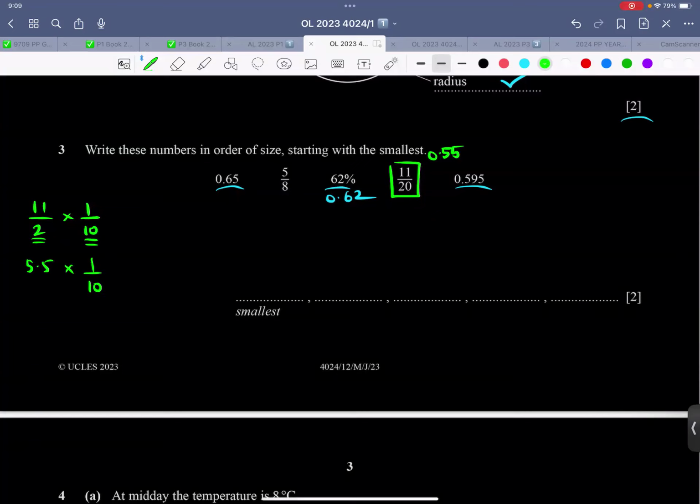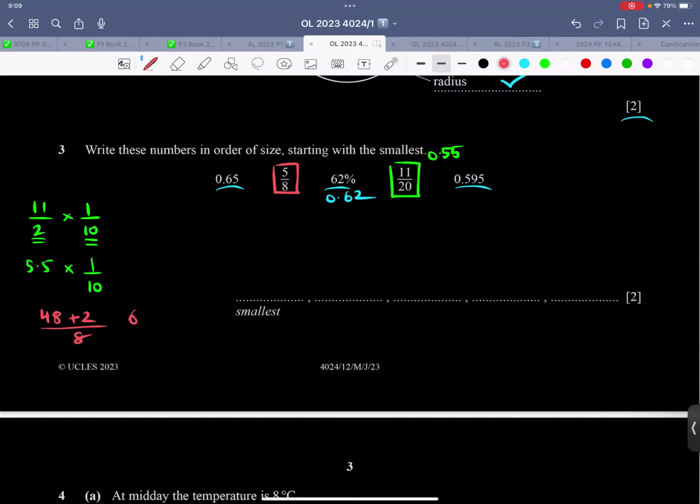And if I focus on 5 over 8, that is 40 plus 10, actually 48 plus 2. So let me write this as 48 plus 2 over 8. And 48 over 8 is 6.